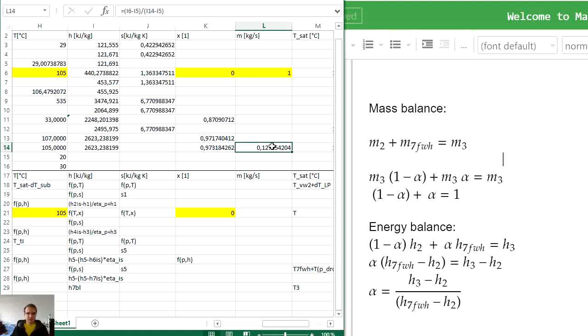So we can actually see that the bleed steam is 12 or almost 13% of the overall mass flow in our cycle.